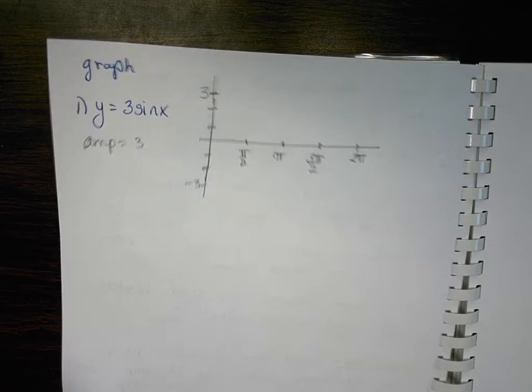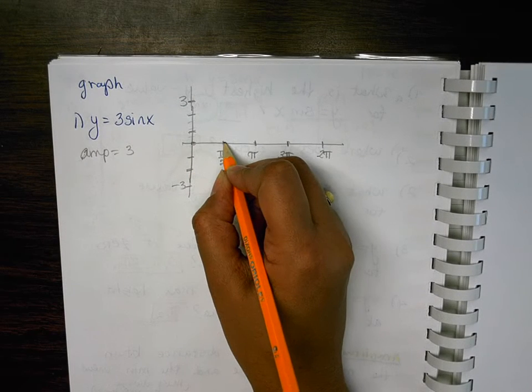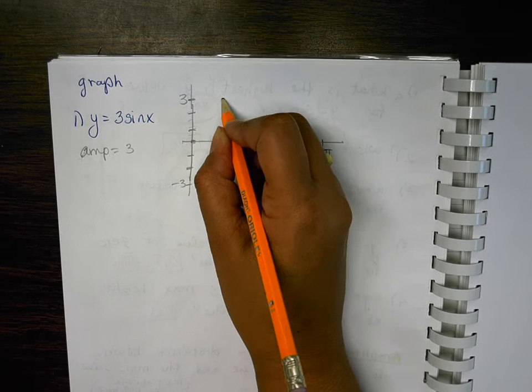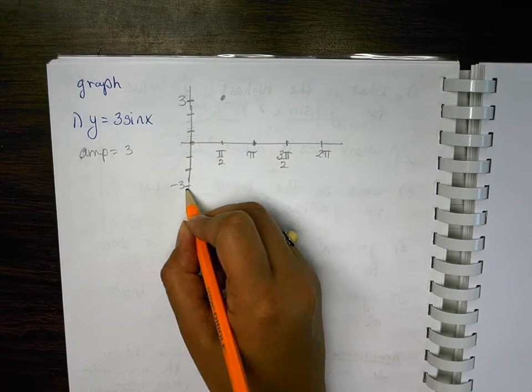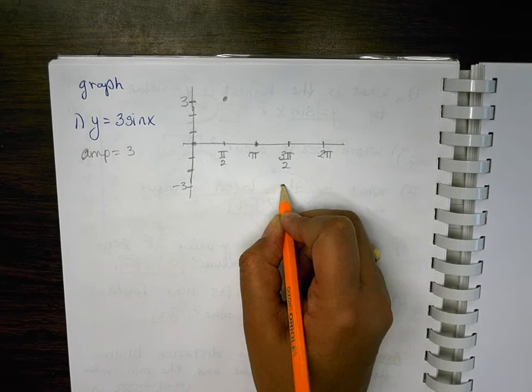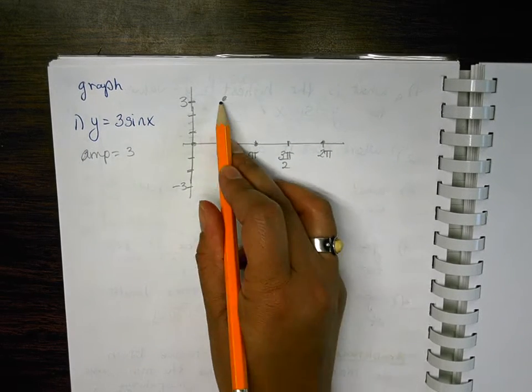So sine always starts at your 0. The next point is my maximum, but it's not 1. For this graph, it is what? 3. Back to 0. Minimum, which is -3, back to 0. 3 zeros, a maximum and a minimum.